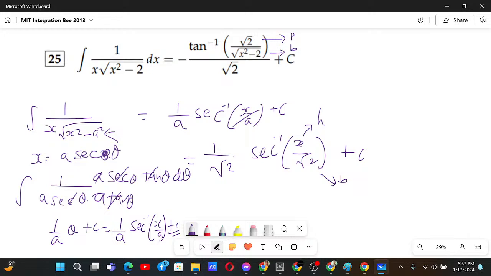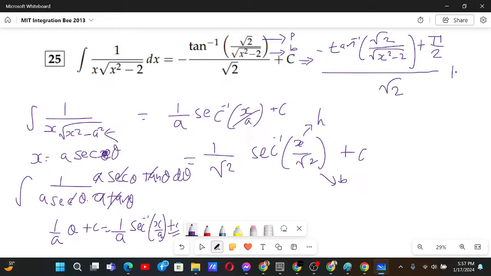Okay, I think I can get this answer somehow. See here, over here we have a minus sign as well. So that is what is giving us the trouble. Since there's a minus sign, we can write this as minus tan inverse root 2 by root under x square minus 2. And now, since there's a c, we can just add an arbitrary constant pi by 2, that doesn't matter, and make this constant c dash.